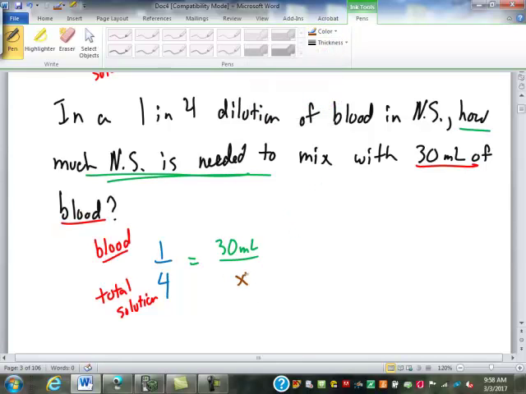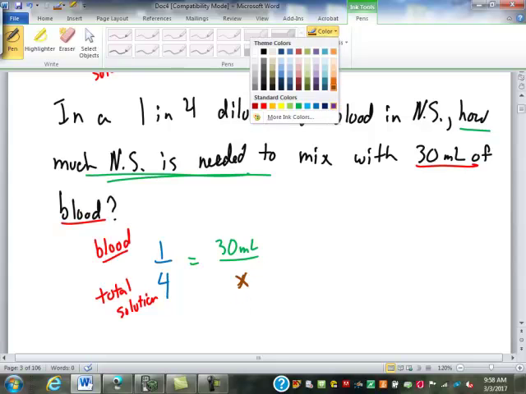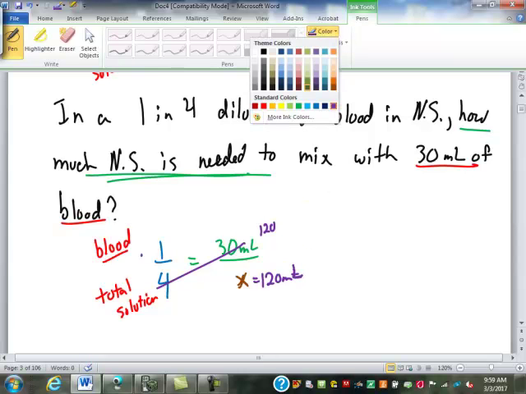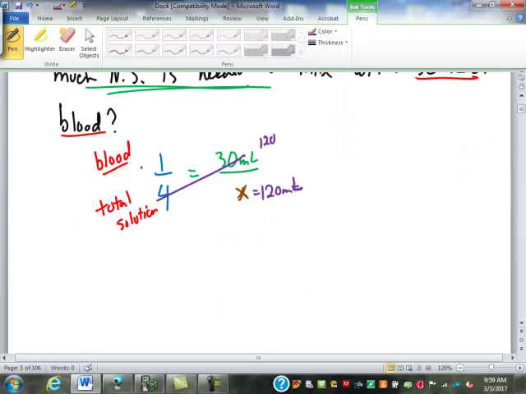We could find this number here and subtract. Let me go ahead and do it that way quick. 4 times 30 is 120, divided by 1 is 120 milliliters. Subtracting there would be 120 minus 30, which would give us 90 milliliters of saline.